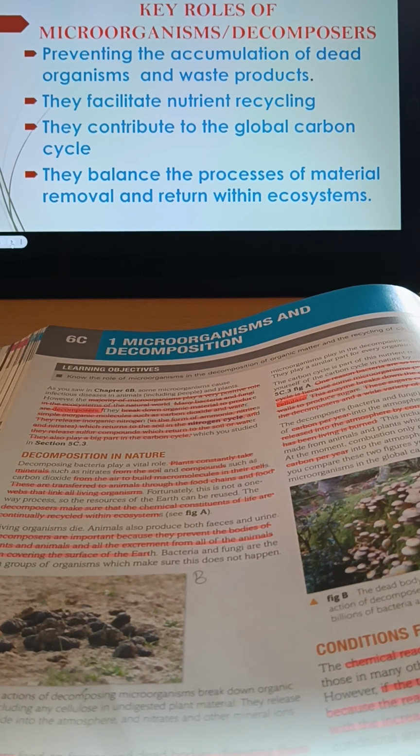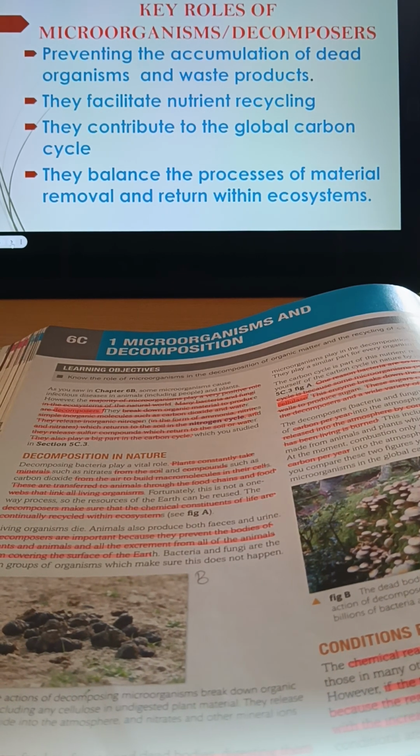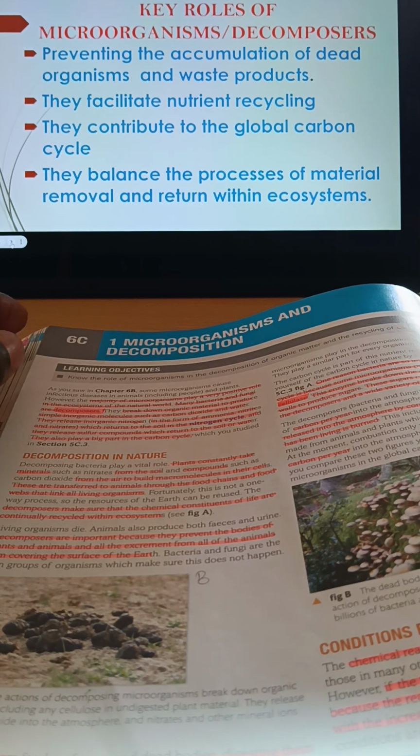They facilitate nutrient recycling. They contribute to the global carbon cycle. They balance the processes of material removal and return within the ecosystems. Now, let us look into each of these roles.